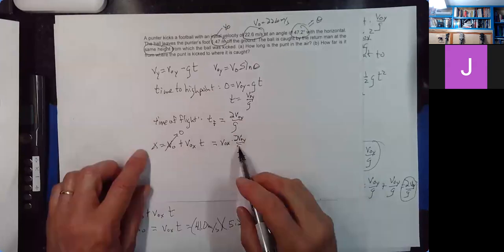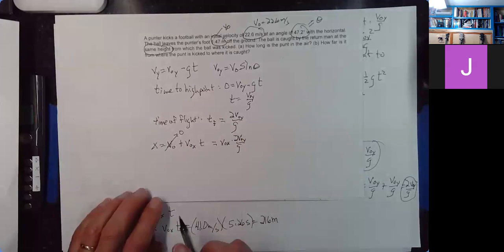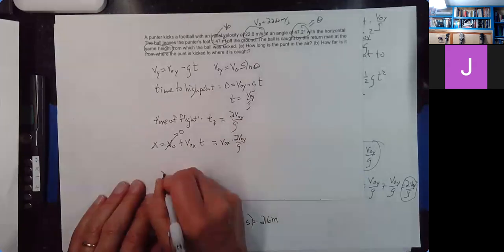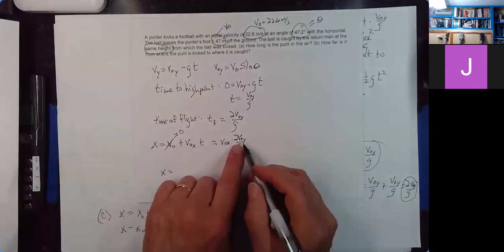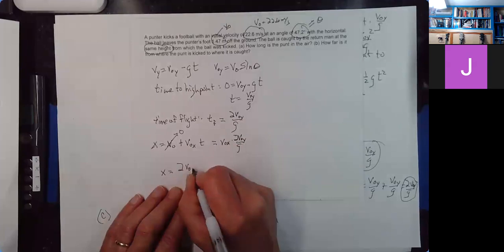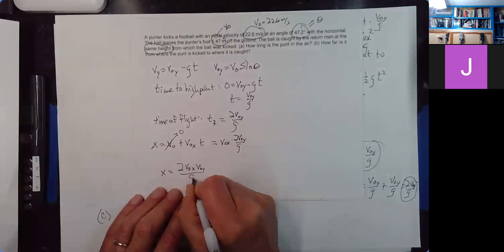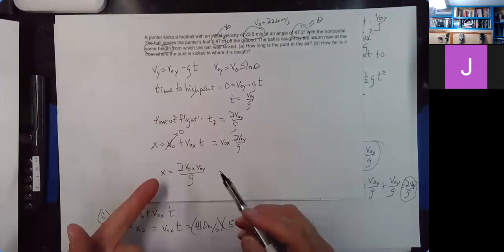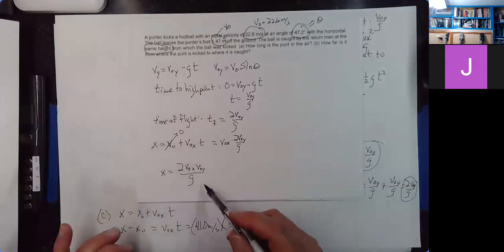So the range of a projectile, when it begins and ends at the same height, ends up equaling x is going to be, if I reorder this stuff I multiply together, 2 V naught x V naught y over g. That's the range of a projectile if it begins and ends at the same point.